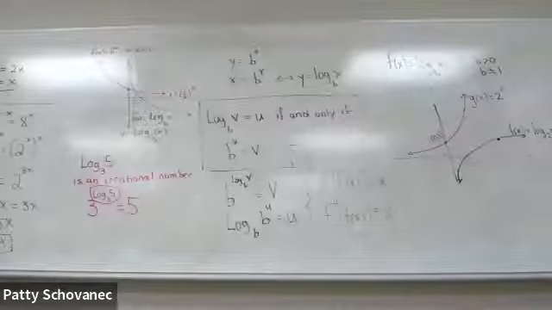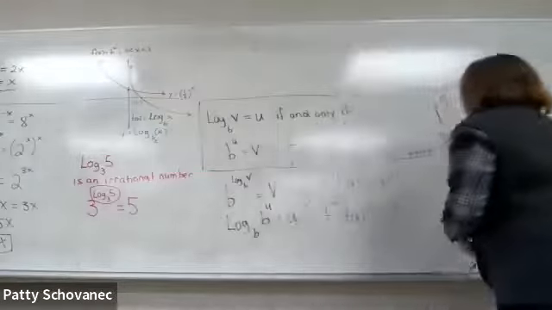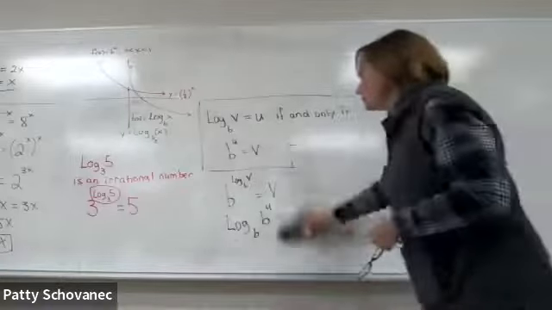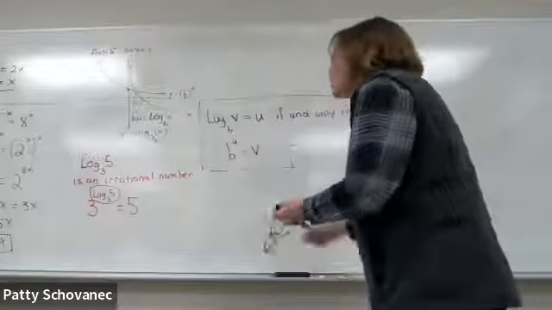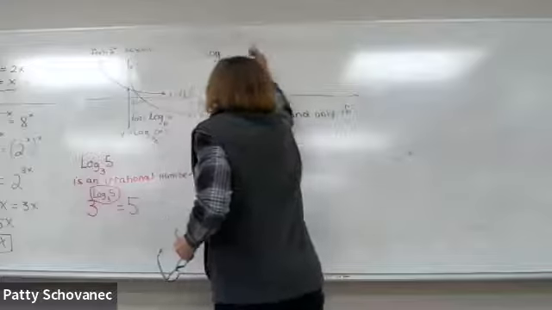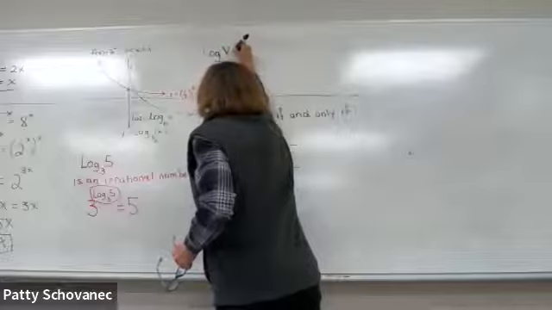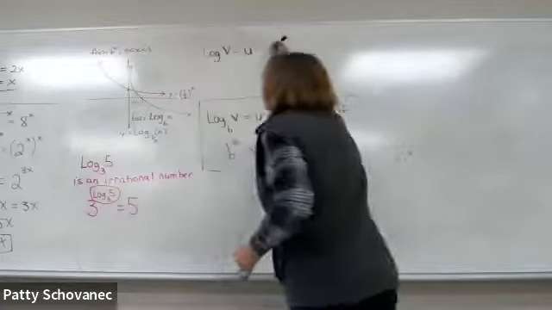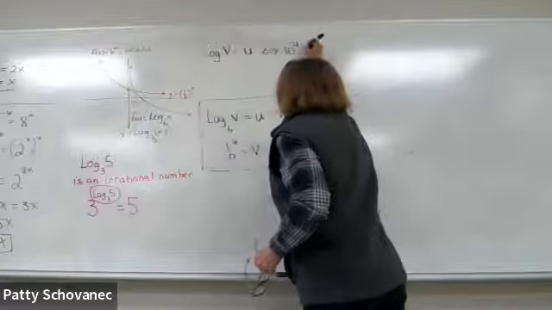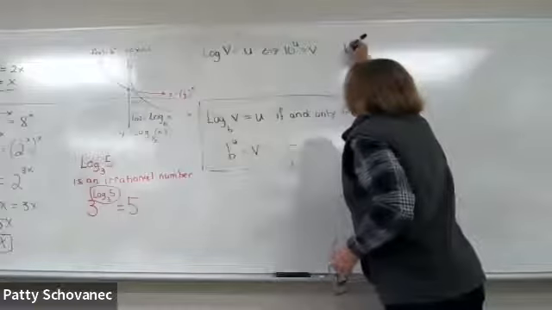So our two special logarithms: the logarithm base 10 of a value v is an exponent u if and only if 10 raised to the u is that value v.